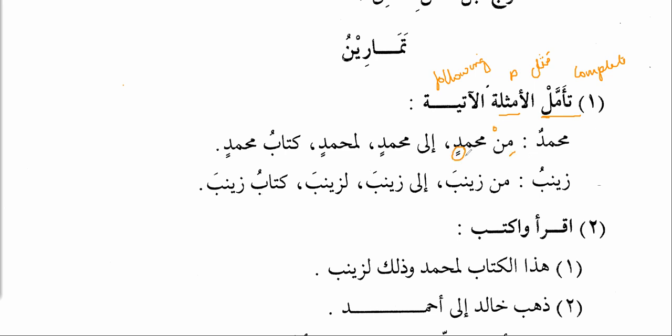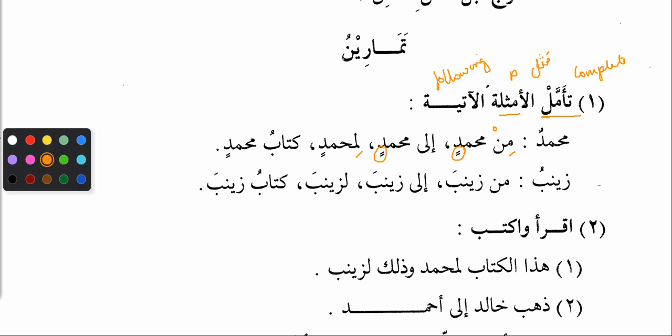It's in the majroor case. Ila Muhammadin. As you can see, the double kasratain. Li Muhammadin. So the name is coming with different harf jars. Here it is coming with the harf jar min, here with ila, li, and now it's in the mudaf ilayhi position.